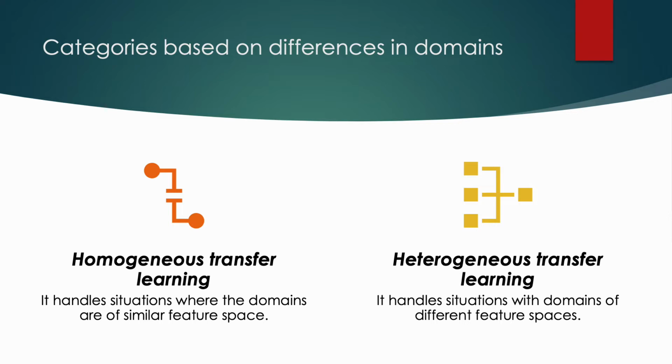This correction is only possible in some cases. Let us take the example of sentiment classification, as one word may mean different things according to the situation, right? So homogeneous transfer learning is not very useful in such cases.